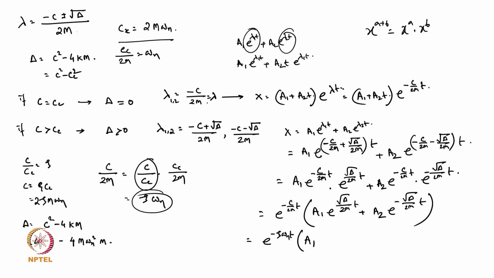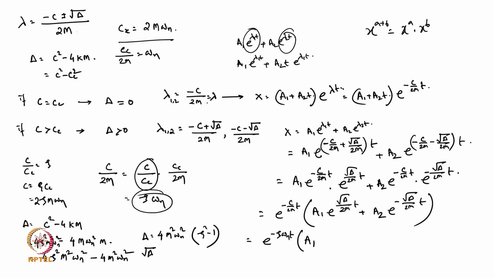So here, can I write it? c square equal to 4 into xi square m square omega n square. So you can see 4 xi square m square omega n square minus 4 m square omega n square. Can I say that? Okay. So delta can be written like 4 m square omega n square into xi square minus 1.